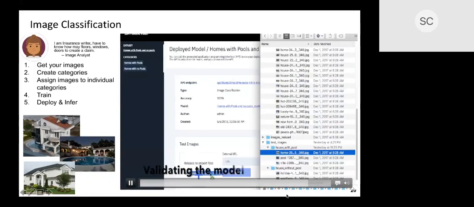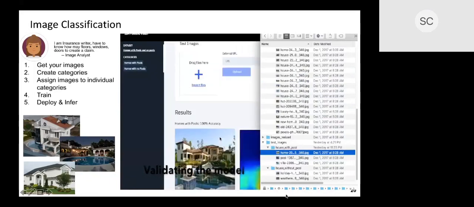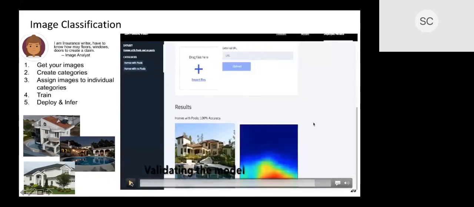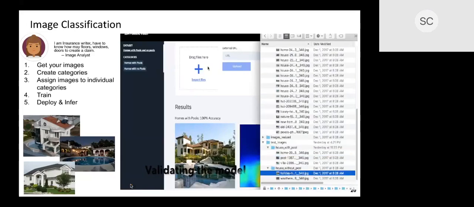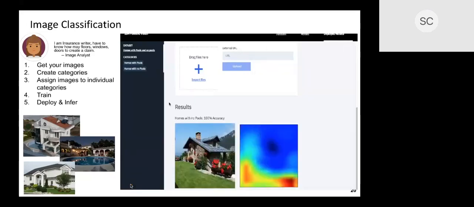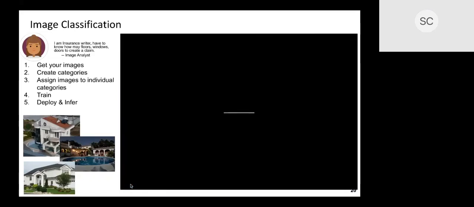So here I've deployed the model, I'm dragging and dropping an image, and the system comes back and says, I found the image you told me to infer is an image of a home with a swimming pool, and by the way, I'm accurate by so and so percentage. There's a heat map that tells the image analyst or the insurance writer why the machine thought this was a house with a swimming pool, so there's a big blob on the pool. If I drag and drop a home without a swimming pool, the system comes back and says, yep, this is a house without a swimming pool.